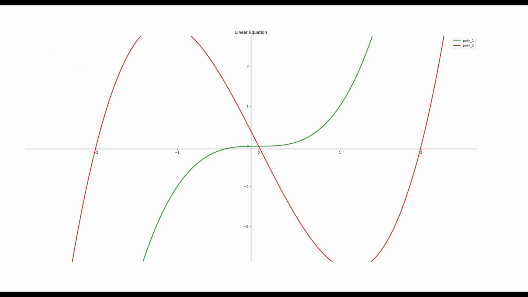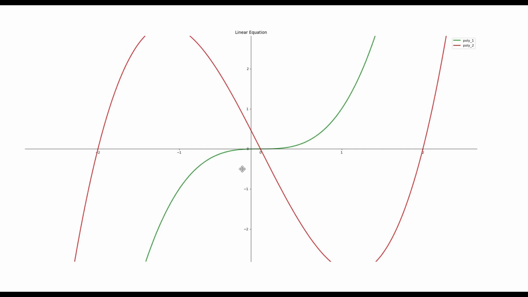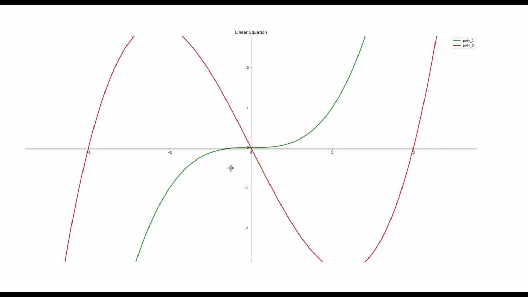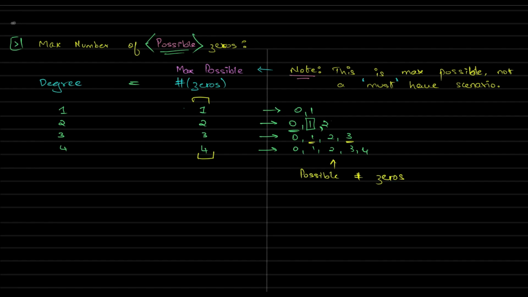So you can see it's passing through only one place, and that too it's 0. So the green is passing through only 1 point, while the red is passing through 3 points. So here too we saw an example for 3 and 1.